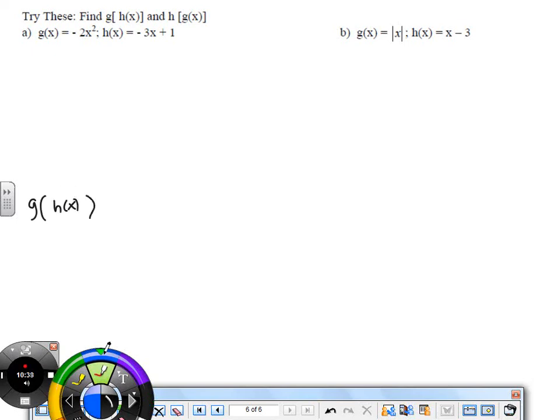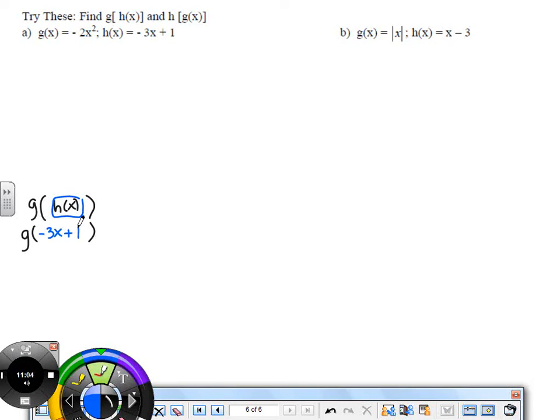So remember, this means that we're plugging the h of x function into g. Now remember, we talked about you might freak out about that because these are all names, like, what is h of x? But we have what h of x is listed above, no matter how simple or how complicated it is. So if we look at h of x here in the first problem, part A, it says h of x is negative 3x plus 1.